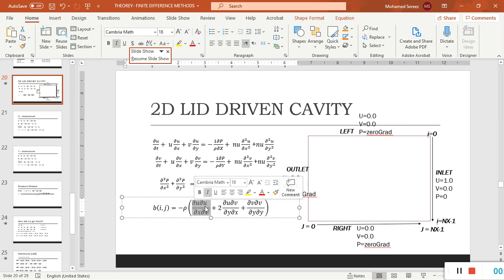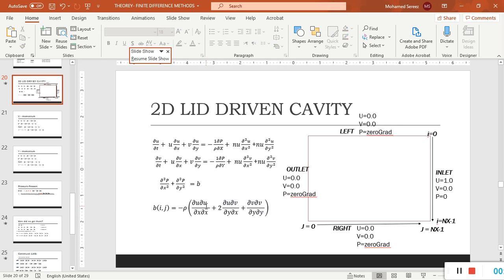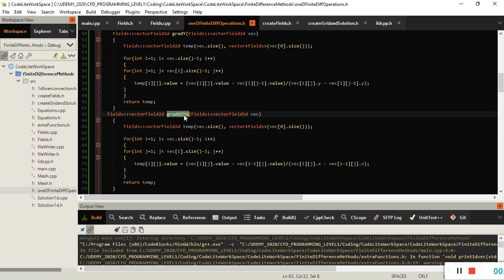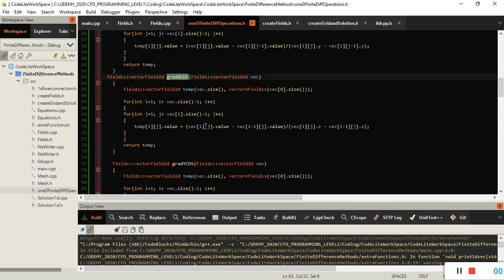So dou u by dou x multiplied by dou u by dou x and dou u by dou y, all these terms we have to take central difference gradient. There's absolutely nothing complicated here in writing this central difference. We just copy paste and just say I plus 1 minus I minus 1.